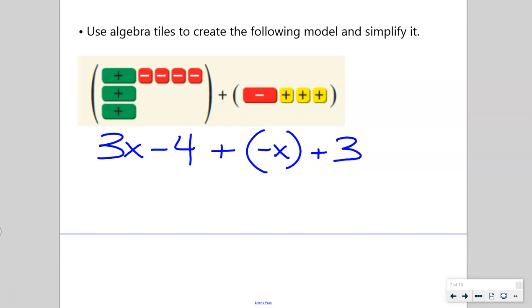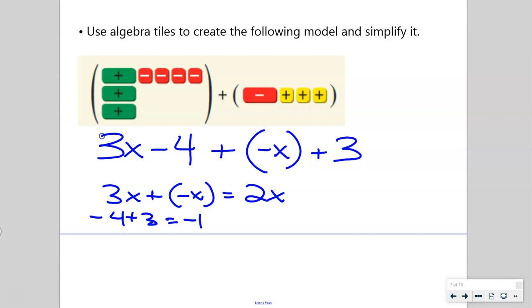All right, so we have 3x minus 4. So 3x plus a negative x equals 2x. And we have a negative 4 plus 3 equals negative 1. So put them together. We cannot combine them. We do not know what x is yet. So we have to leave the constants and the variables separated.